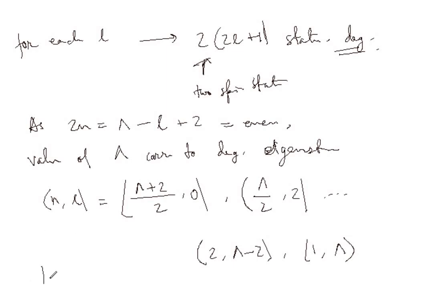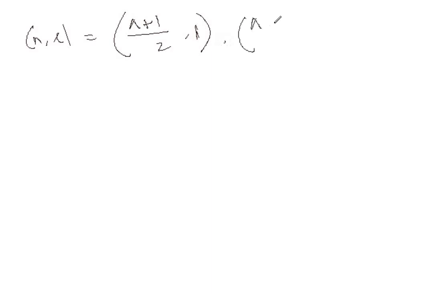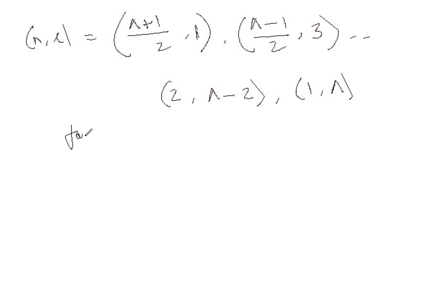This is for lambda even. We also have n l equal to lambda plus 1 by 2, 1, then 3, and so on, and last we have lambda minus 2, 1, and this is for lambda odd.